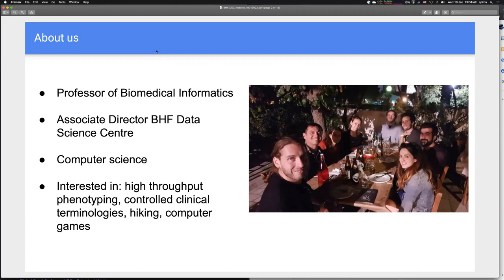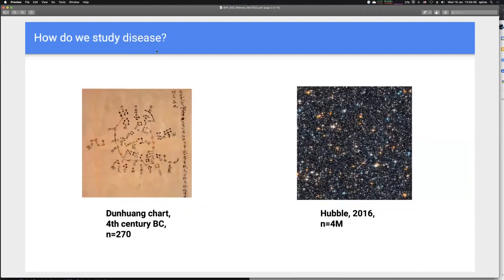So I'll be briefly talking about how we can scale the way in which we study disease. If we take a step back and think about how most studies are conducted to date, they're often focused on an a priori defined list of diseases that are carefully curated and phenotyped.